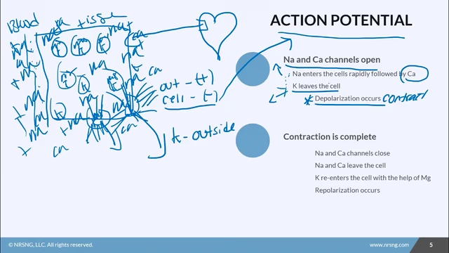Here's where calcium likes to come in. Once sodium has entered and potassium is trying to leave, calcium decides to come in, and calcium has a very important job. It increases the strength of the contraction. It makes it so that the heart contracts stronger. We don't want our heart to just kind of go, boop, a little weak contraction.